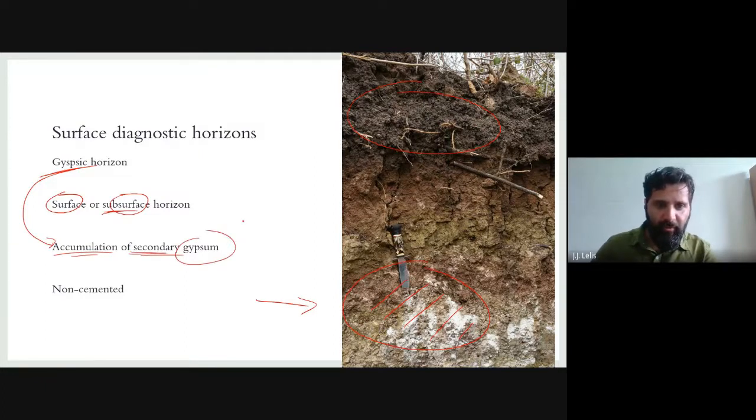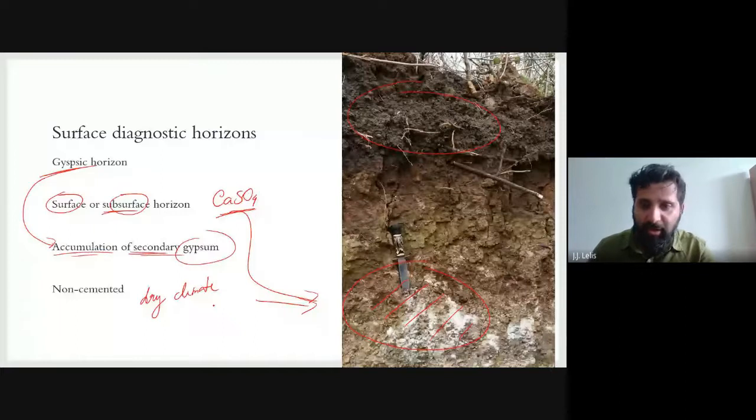So gypsum is a salt of calcium and sulfate, and this salt can be seen in soils that present a dry climate or dry conditions.